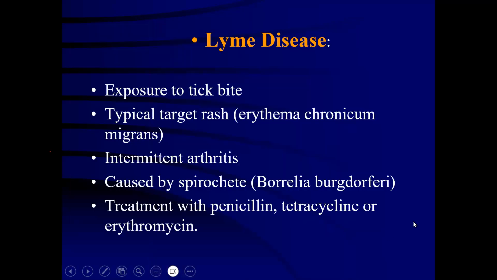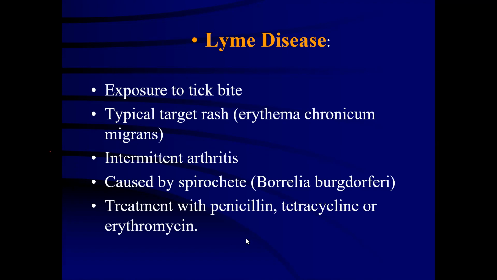Lyme disease is exposure to a tick bite. They have a typical target rash, erythema chronicum migrans. They have intermittent arthritis, and this is caused by a spirochete called Borrelia burgdorferi, and treatment with penicillin, tetracycline, or erythromycin is effective.